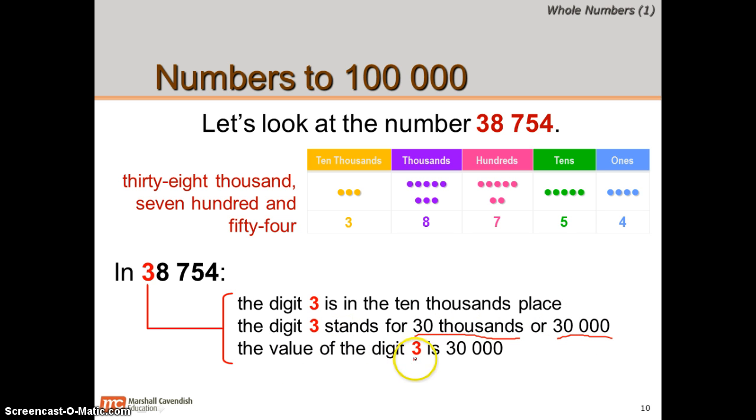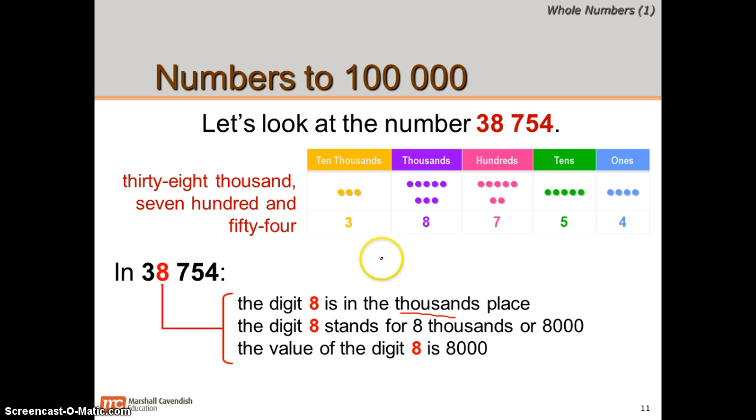The value of the 3 is 30,000. What about 8? The digit 8 is in the thousands place, and the 8 stands for 8,000.